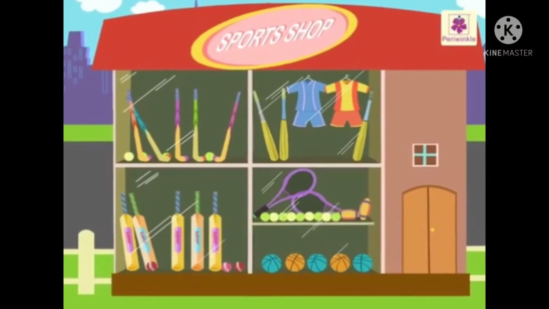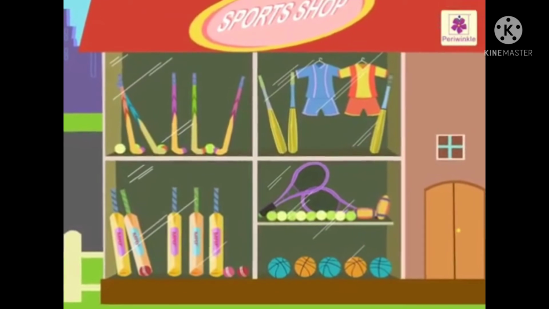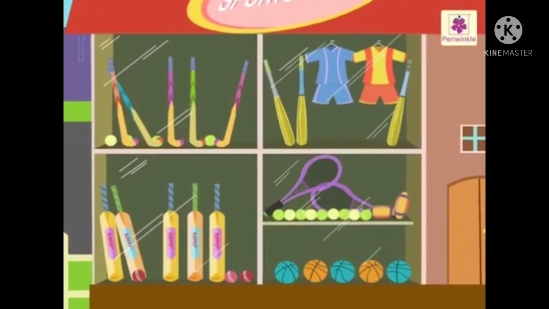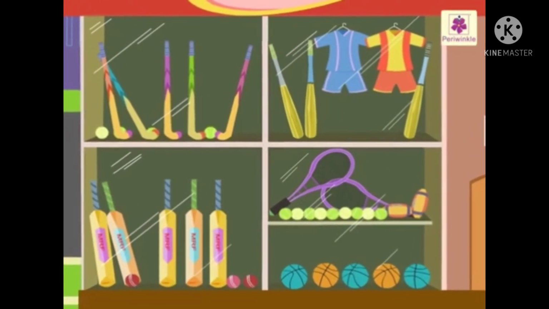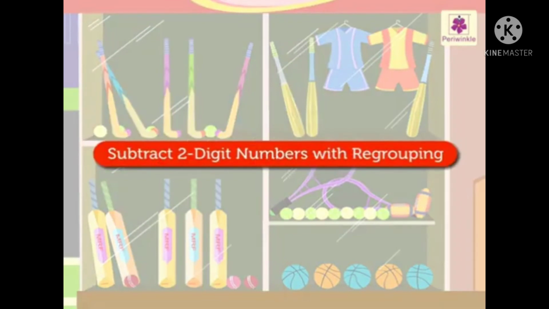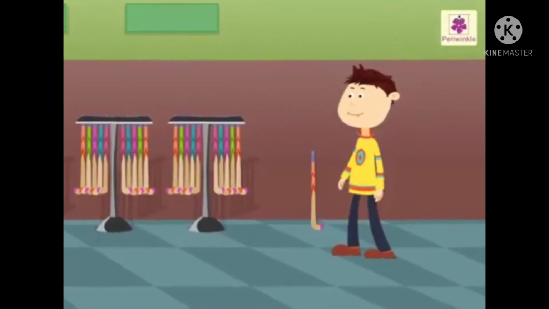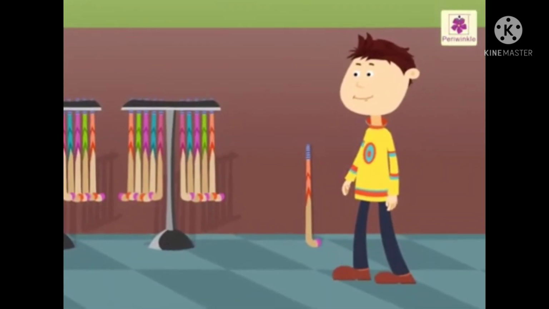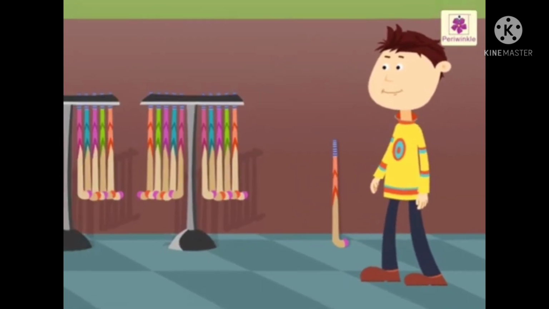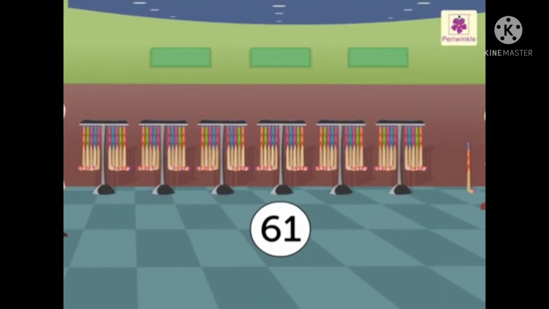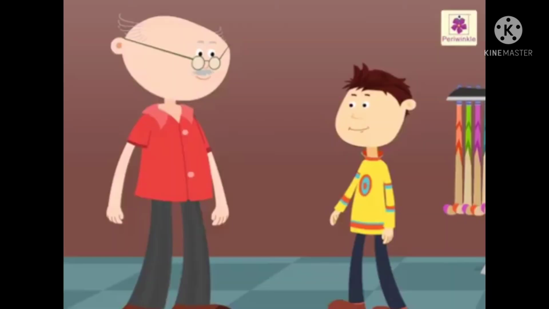Let's eat the remaining ones also. Hey, look at the sport shop. There are so many sport items available here. Let's learn to subtract two-digit numbers with regrouping here with these sport items. Look, Peter is here to buy some hockey sticks. There are 61 hockey sticks with the shopkeeper, Mr. Wilson.